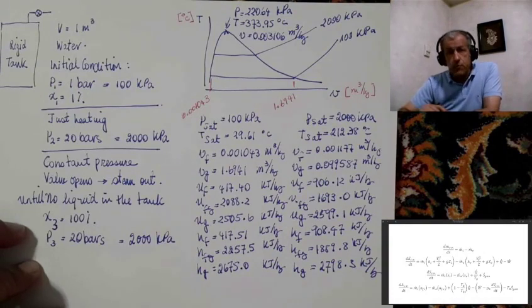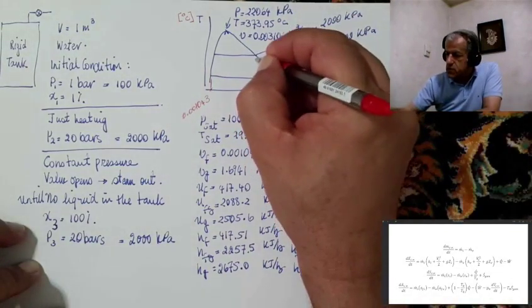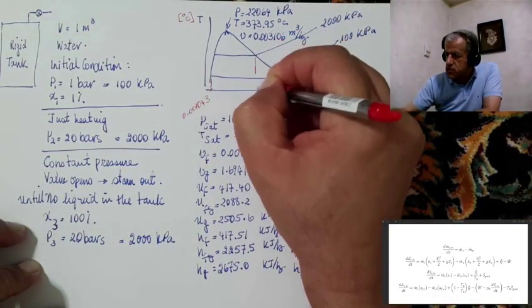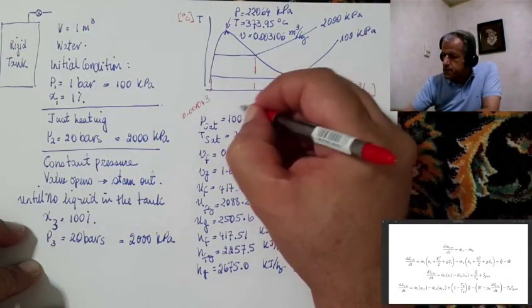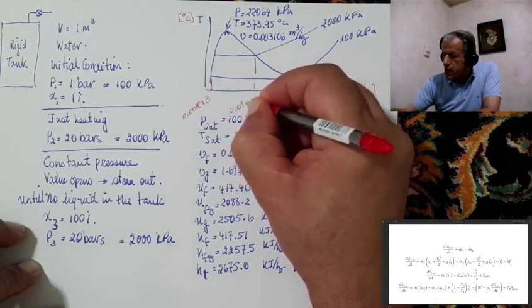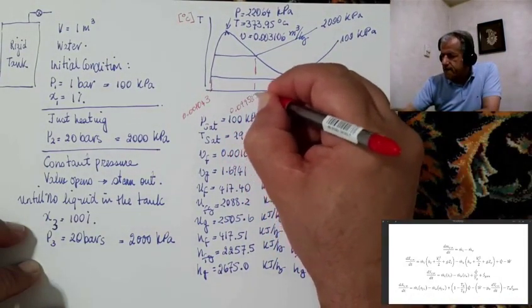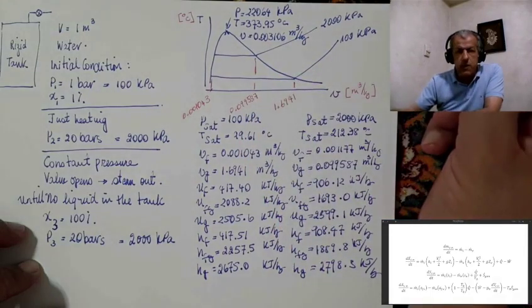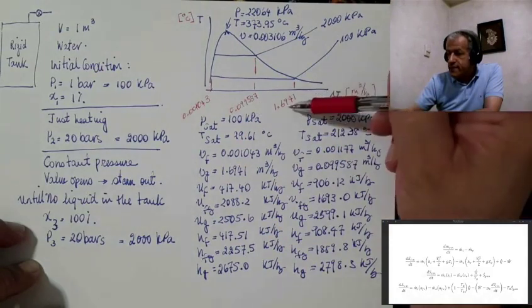The interesting point is that the Vg for 2000 kilopascals, which is here, is 0.099587. What does it mean? This is about 0.1 and this is about 1.7.